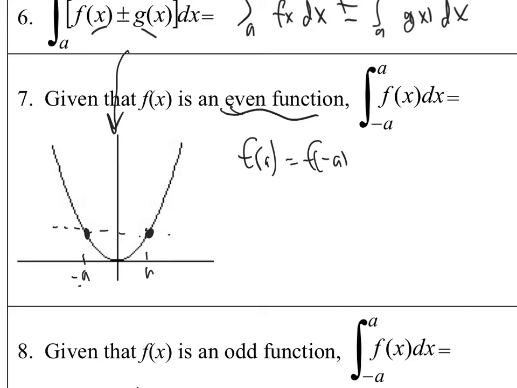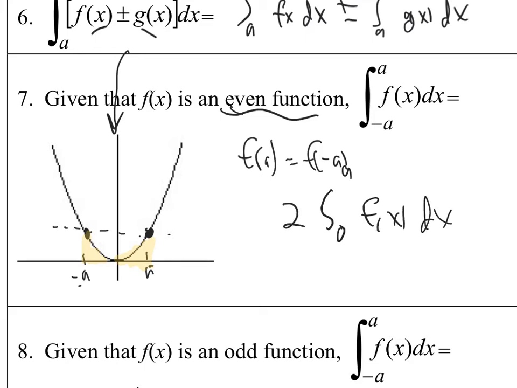Interesting about being even: here I'm going from negative a to a. I want that area bounded underneath us here. I want this area from negative a to a, but since it's a reflection, I could have just broken it up into 0 to positive a, and guess what?